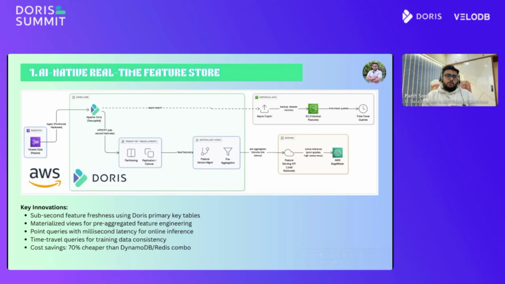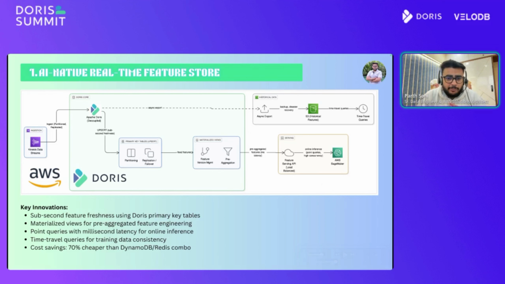On a high level, what are the key notions we achieved by using Doris between our real-time data stream coming from Kinesis and AWS SageMaker? We put a whole Doris core here.